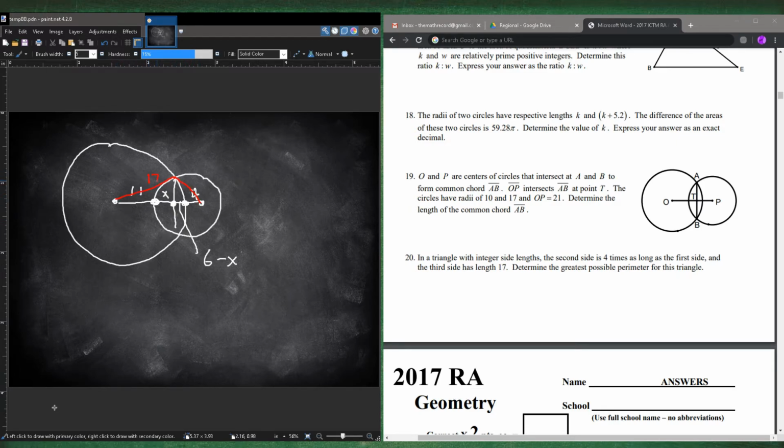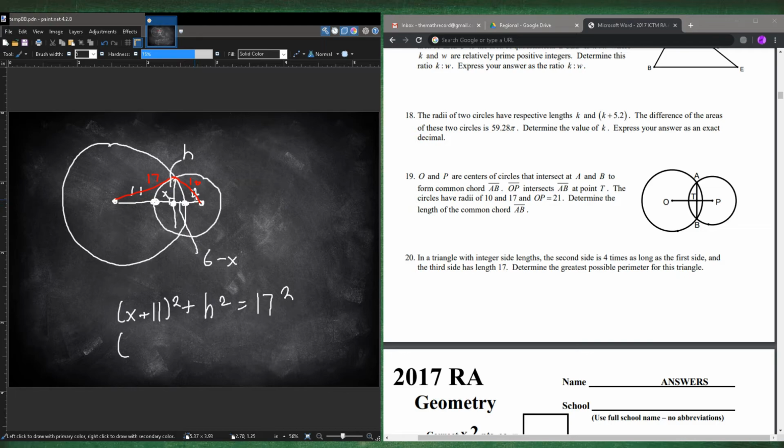This radius is 17 and this radius is 10, right? And let's label our height as h. So this is a right triangle, right? So we have x here and 11 here. That's our length. So (x plus 11) squared plus our height squared is equal to our radius squared, which is 17 squared.